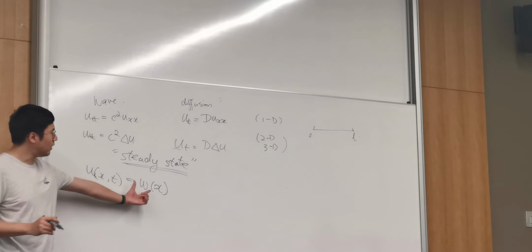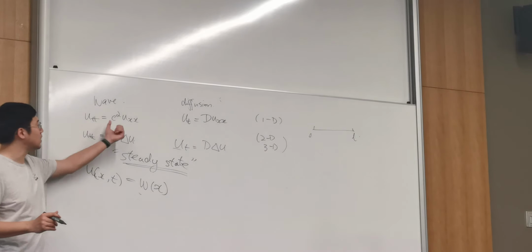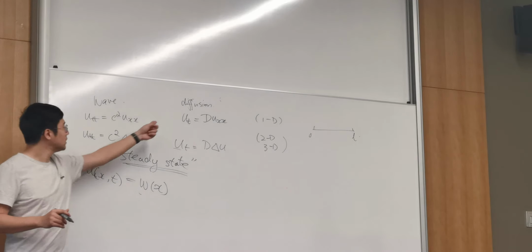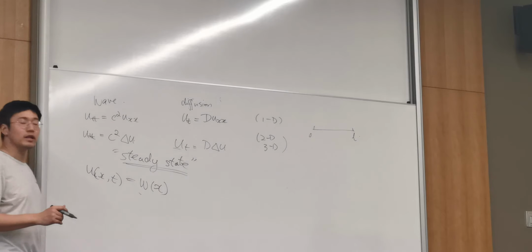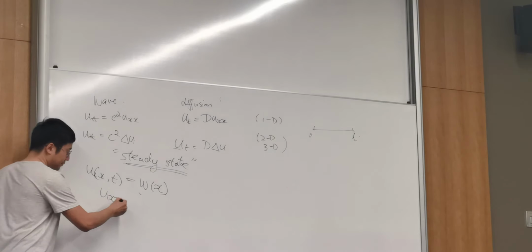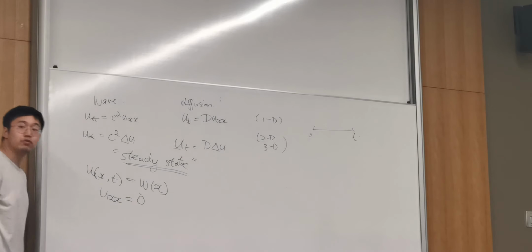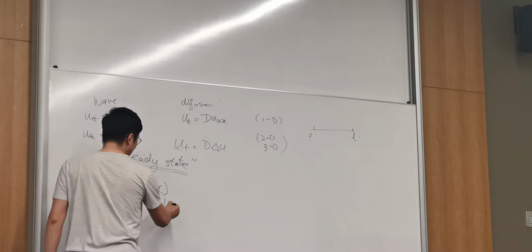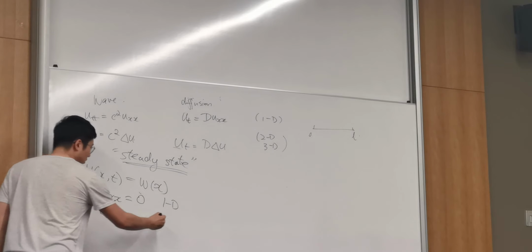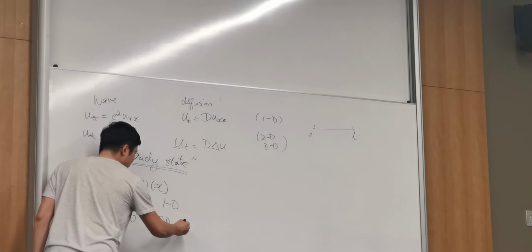If a function is only about x, then its temporal derivative becomes 0. So essentially, we have u_xx equals 0 for 1D, and Laplace u equals 0 for 2D or 3D.